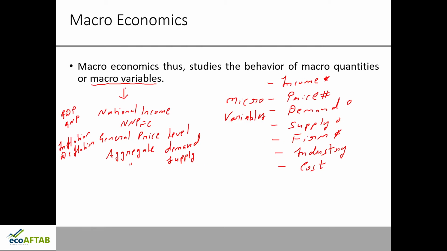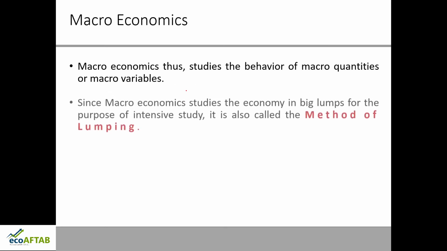So macro variables, you can see, if it is of one unit, here it is of all the units. If it is about a millionth part of the economy, here it is about the whole economy. That is the study of macroeconomics.